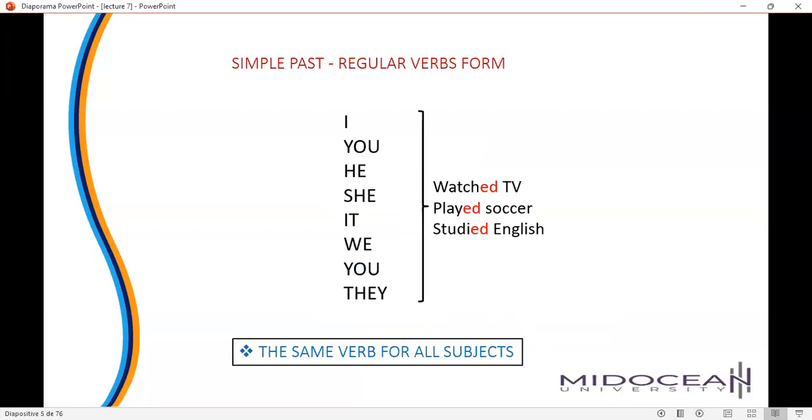Past regular verbs form. Here we have I, you, he, she, we, you, they, plus verb, here the verb watch, plus ed. As you see, we have watched TV, played soccer, studied English.